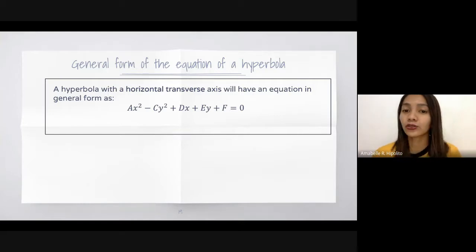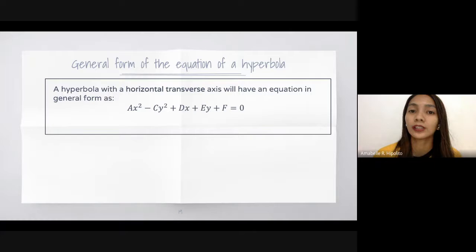I am also going to explain how to rewrite from standard form of the equation to general form of the equation and vice versa. And at the end of this, I am going to have an example about situational problems involving hyperbola.